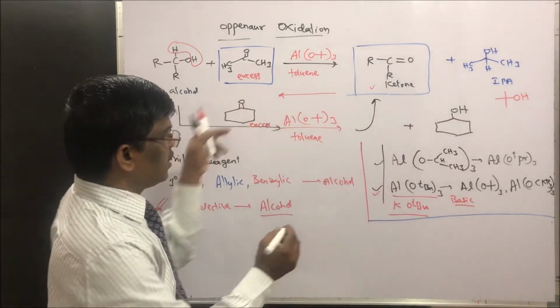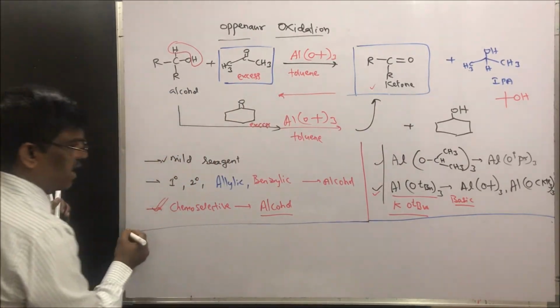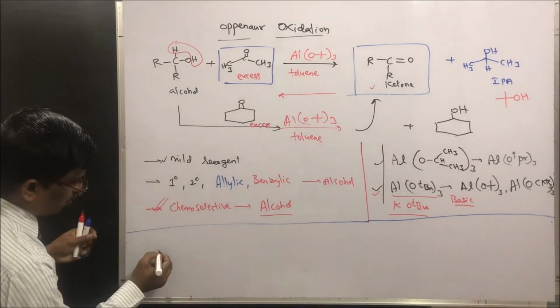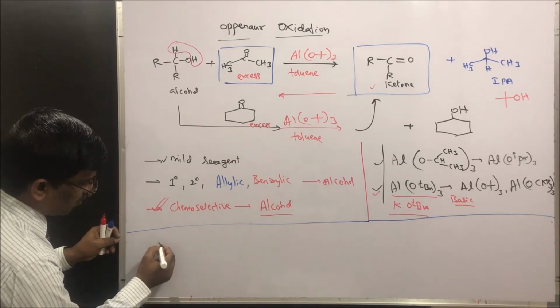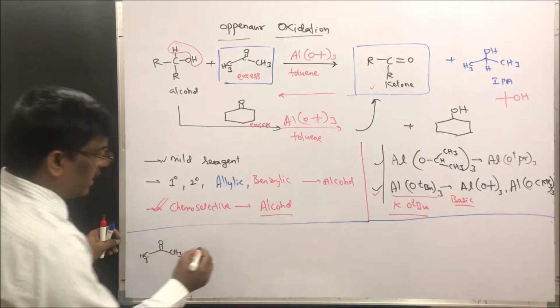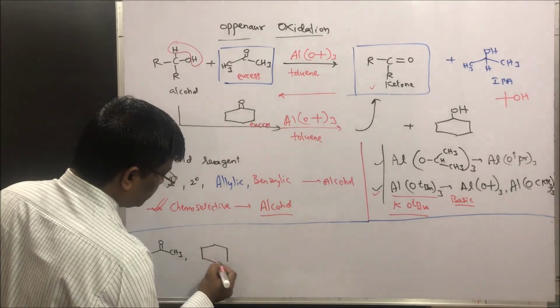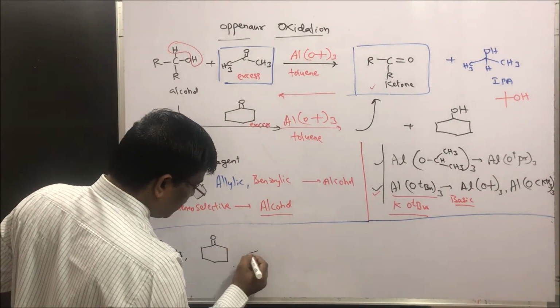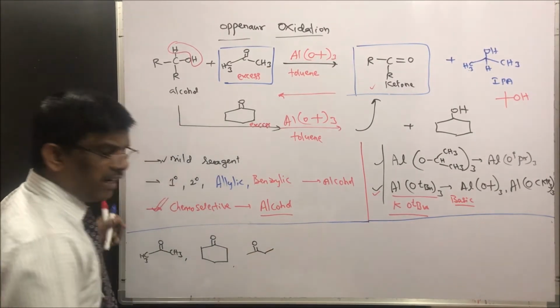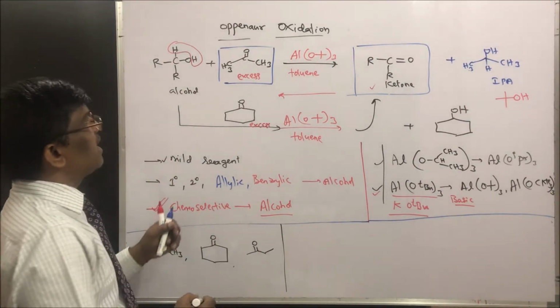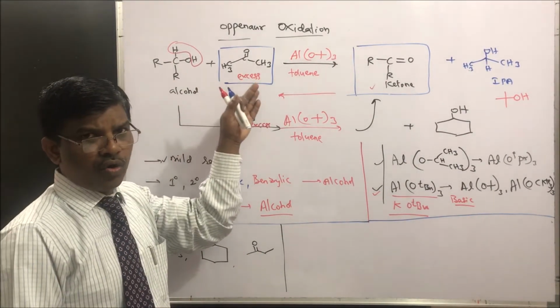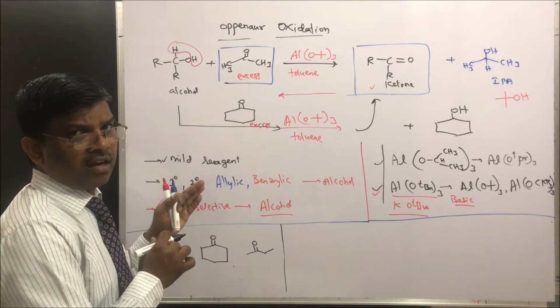In place of acetone, you can take cyclohexanone. So the usual reagent is acetone, or you can take cyclohexanone, or methyl ethyl ketone. However, this reaction is sluggish or slow with respect to primary alcohols.